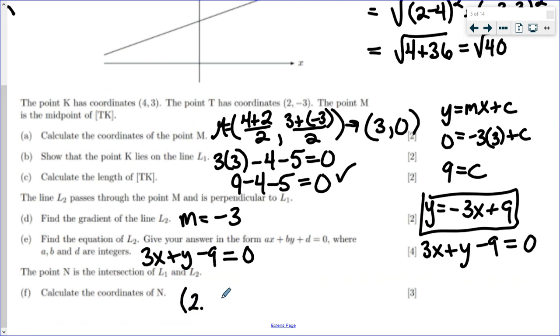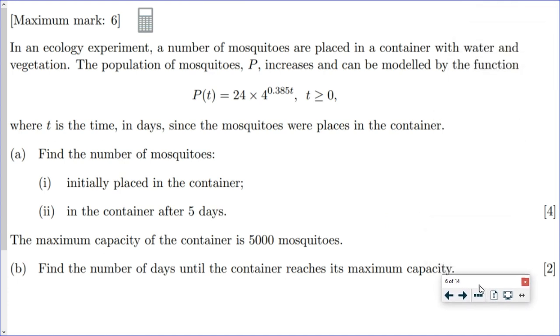So 2.2, comma 2.4. Would you like to see me work it out algebraically as well? No? Okay.